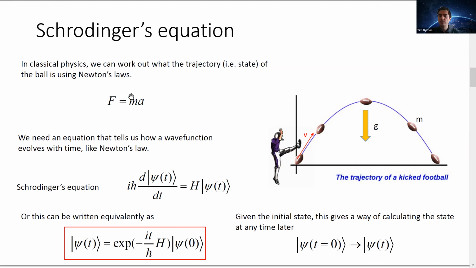Using F equals ma, in principle, you can work out how anything moves. So in the case of the ball, this guy applies some force, and then the force makes it move according to F equals ma, and then it moves this way because the force of gravity acting on it causes acceleration, and you work it out like that.